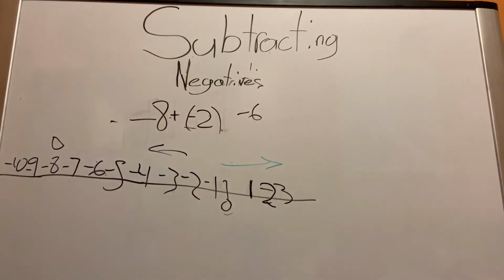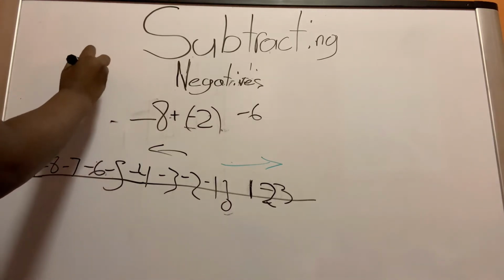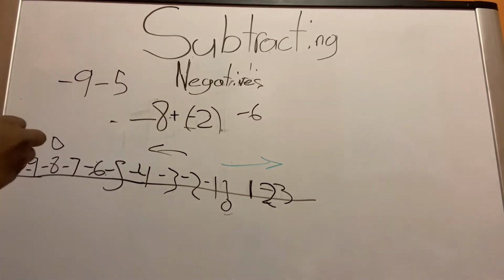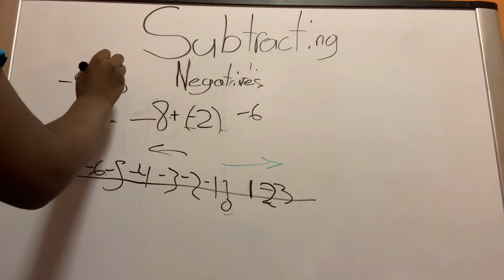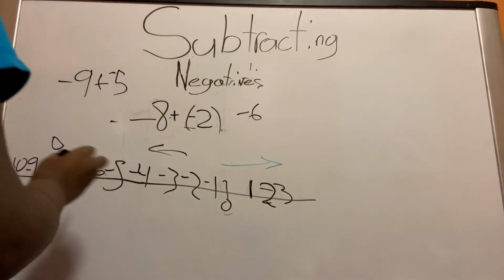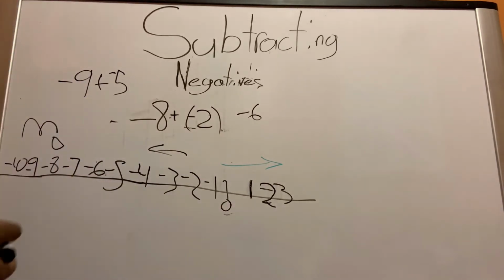So that's what that's technically saying. So if you ever have anything like negative 9 minus 5, you're technically just adding that and putting a negative right next to the other number. So you'd be adding two negatives. So then negative 8 plus 2 more, 1, 2, would be negative 10.